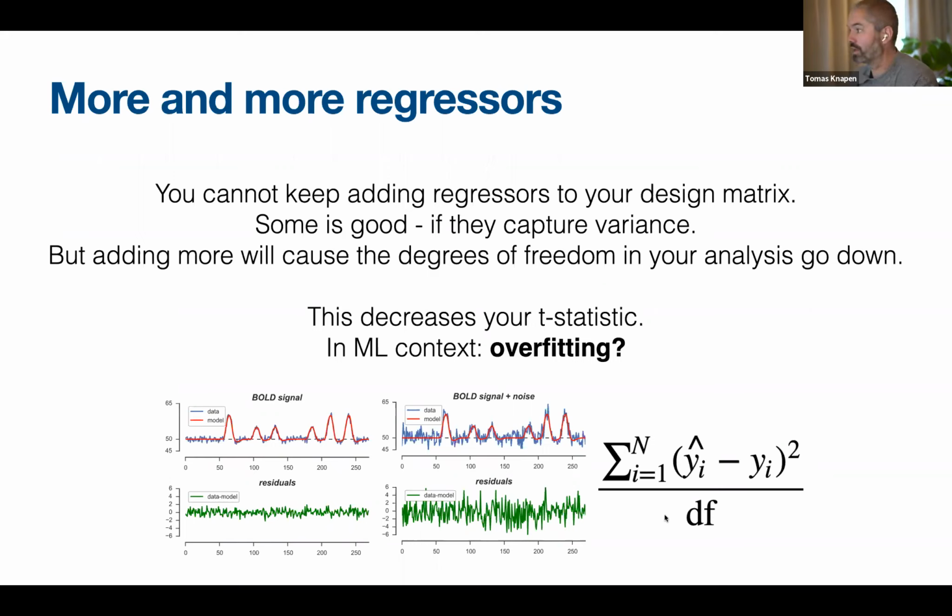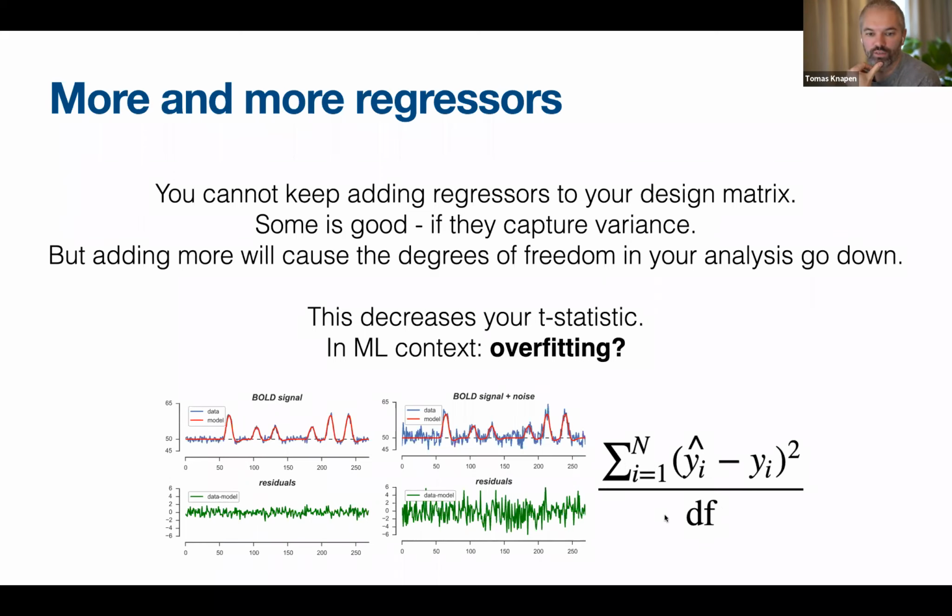And one part that I left out before, but that is essential here, is that the degrees of freedom changes this standard error that we were talking about. The larger the degrees of freedom, that's the residual degrees of freedom, the smaller the standard error on your estimates is.